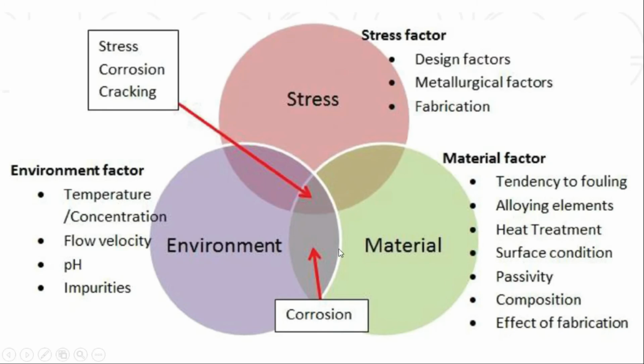Corrosion is ultimately affected by several factors. The environment will also have an impact, and the material properties and material conditions, right? And ultimately the different stress factors, and all these contribute to the corrosion process of a particular material.